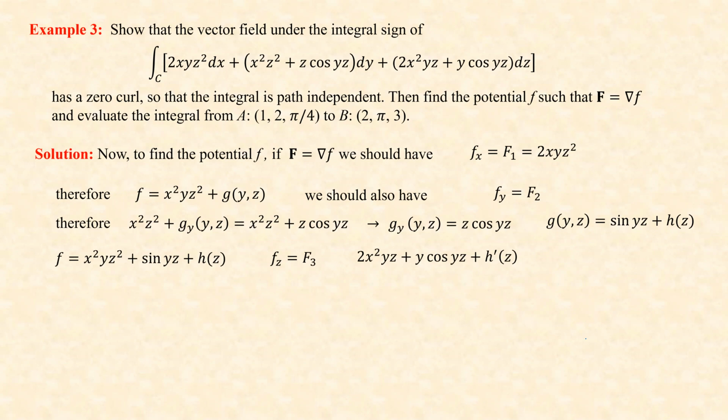So the derivative of f with respect to z becomes 2x squared yz plus y cosine of yz plus h prime of z. That should be equal to this. But you see, this cancels with this, so what we get is h prime of z is equal to 0. Therefore, h is equal to a constant, which we can take to be 0. So f becomes that.